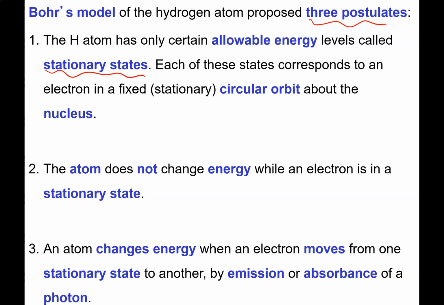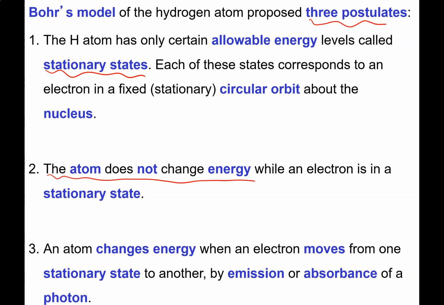And what those states correspond to is an electron in a fixed stationary circular orbit around the nucleus. As I alluded to previously, the atom, when it's in one of these states, doesn't lose or gain energy. This is kind of a little odd, because when electrons move in circles, they normally radiate energy. So this is a little bit controversial.